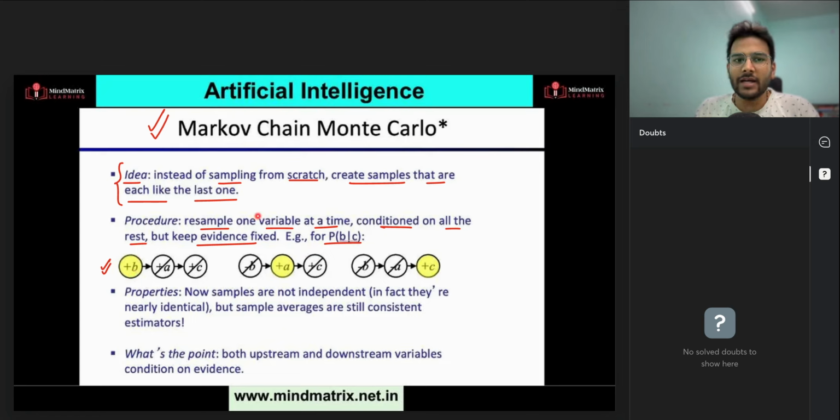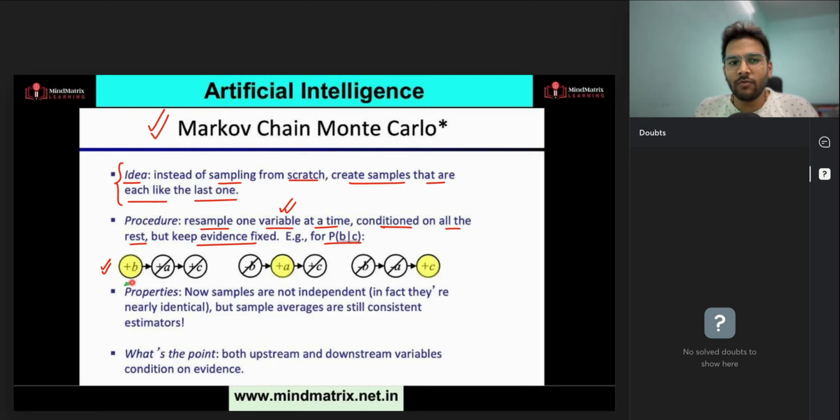As mentioned, at a time you are going to resample one variable. Let's say as of now you are considering this one variable, and the value you are considering is plus B. All these A, B, C are Boolean random variables, which means they can have two values, either positive or negative, or true or false.